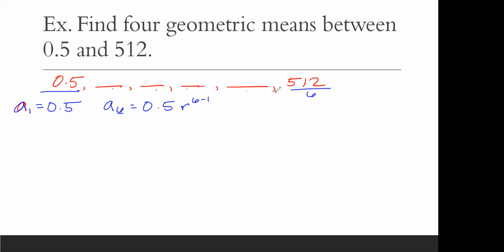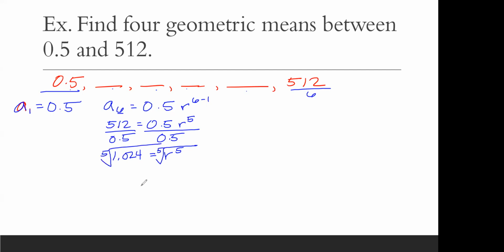We know that a sub 6 is 512, and that is equal to 5/10 times the ratio r to the power of 5. So this is an equation. I would divide both sides by 5/10. When I do that, I get 1024 is equal to r to the 5th power. What I can do is take the 5th root of both sides, punch that into a calculator. The 5th root of 1024 is 4. So now I know that my common ratio is 4.